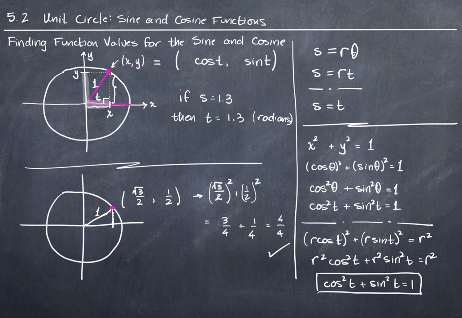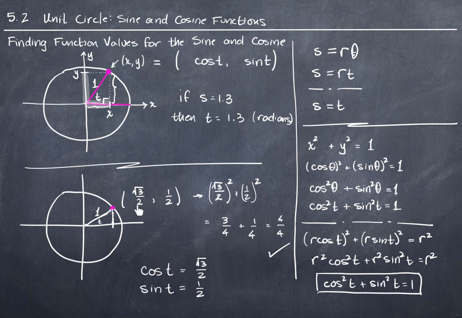Equally, I can say that at the point with these coordinates, the cosine of t is equal to the square root of 3 over 2. And the sine of t is equal to 1/2. Because for this angle, x is defined as the cosine of t. The cosine of t is the same as the x coordinate.